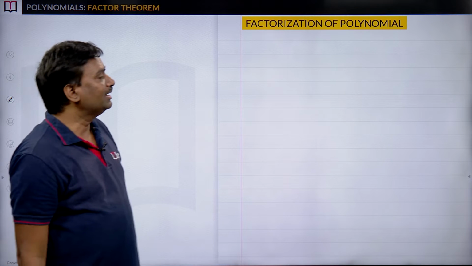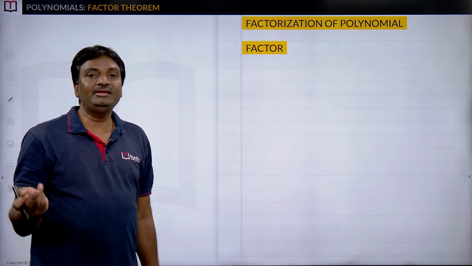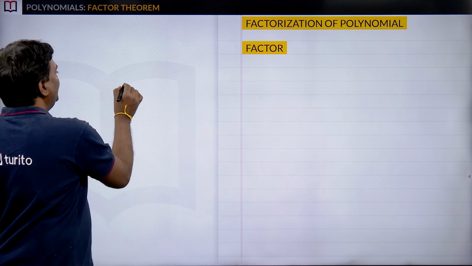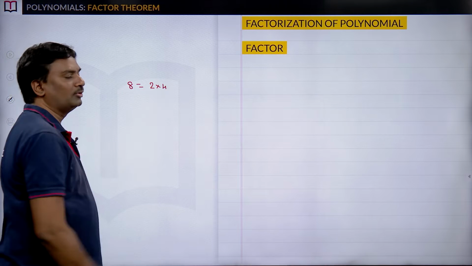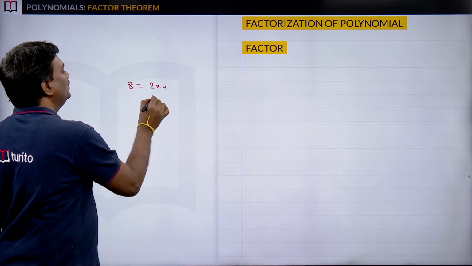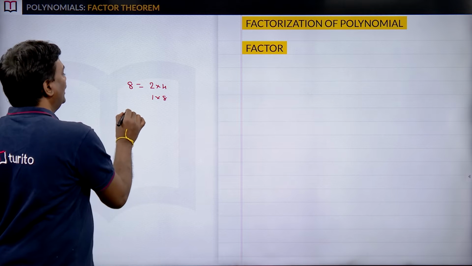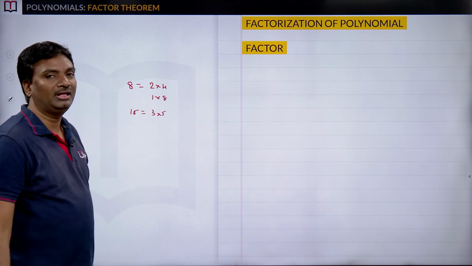Now, factorization of polynomial. When a polynomial is given, how can we factorize? For example, if we have 8, this 8 can be written as 2 into 4, or 1 into 8, or 4 into 2, 8 into 1. If we have 15, we can write 3 into 5 or 1 into 15.